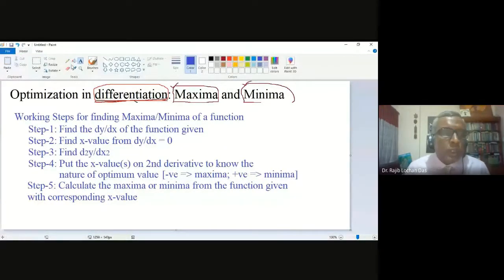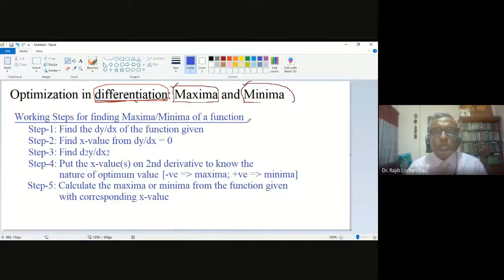So we follow all these steps one by one to find out the maximum value or minimum value of the function. And how you can do this, I will show one problem, so it will be clear to you. It is not a big deal. Just copy everything I have written here.